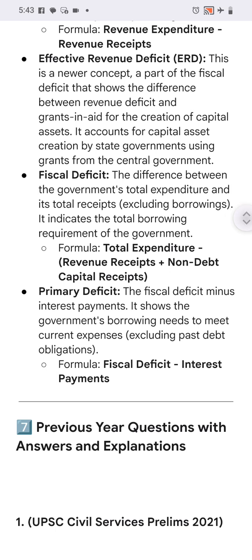It indicates total borrowing, the government's borrowing requirement. The formula is total expenditure minus revenue receipts plus non-debt capital receipts, all the receipts. That's fiscal deficit. Next is primary deficit. The fiscal deficit minus interest payments is called primary deficit.